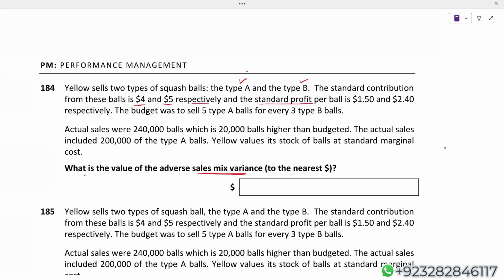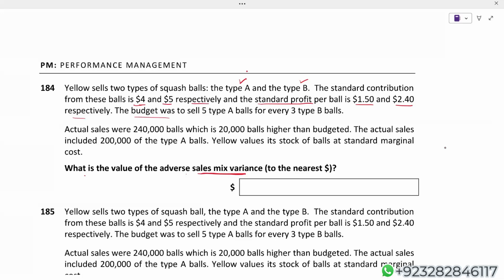And a standard profit per ball is 1.5 and 2.4. Now listen students, if the company follows absorption costing, then we'll be using profit per unit. If the company follows marginal costing, then we'll be using contribution. So it simply depends which costing the company follows.